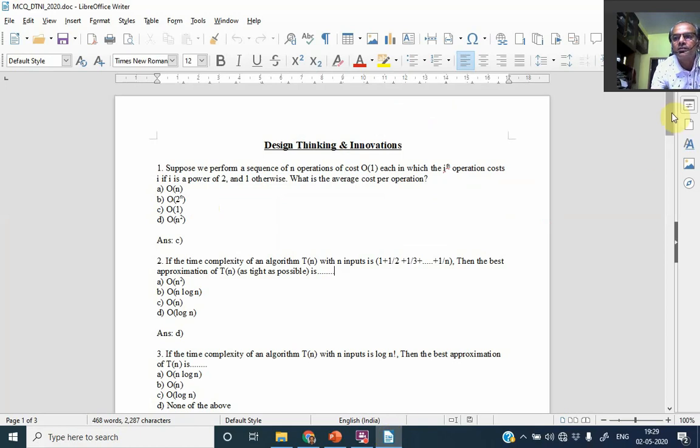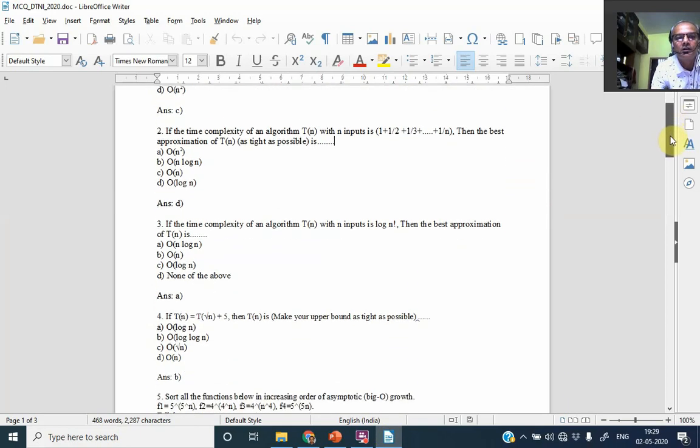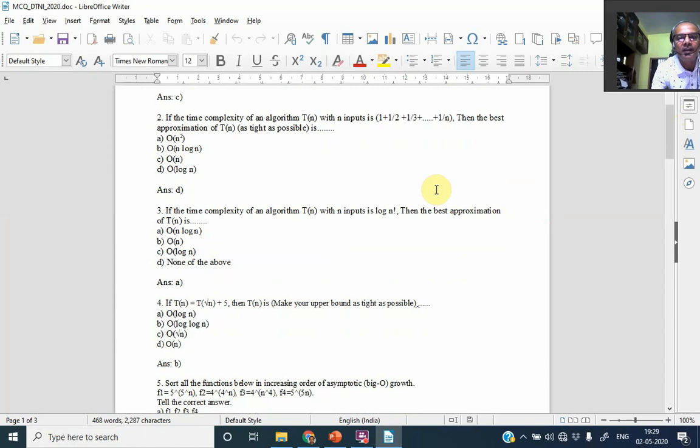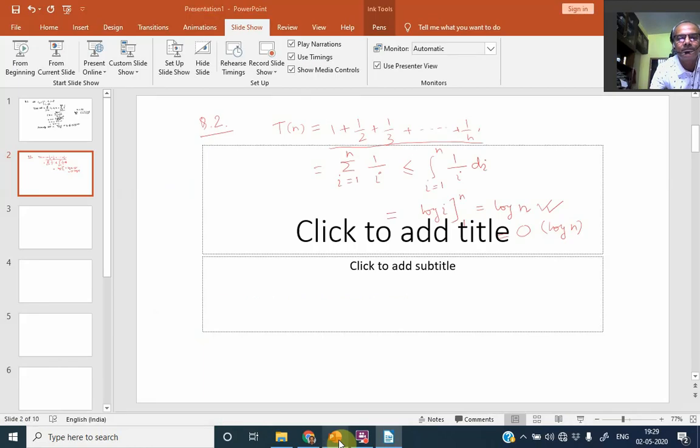Now go to the third question. What is this one? If the complexity of an algorithm with n input is log n factorial, then the best approximation of Tn is what? Some of you definitely know about this, but I am giving you this solution for everyone. What is log n factorial? Just see this.